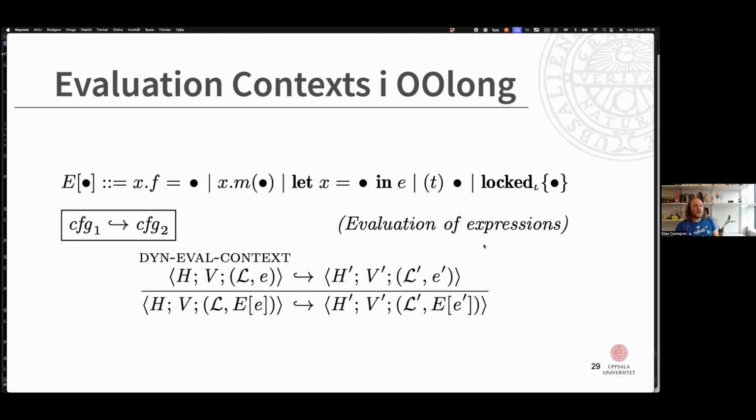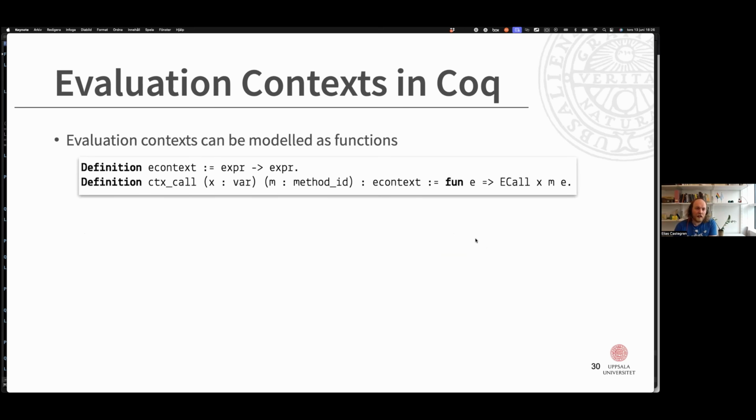So how would that look in Haskell then? Sorry, not in Haskell. Again, damaged by doing too much Haskell. How would that look in Coq? Well, I've experimented with a few different ones. I think the one that works best is using functions.